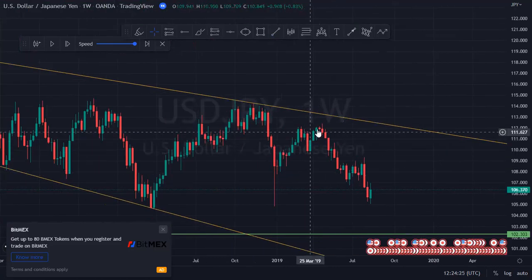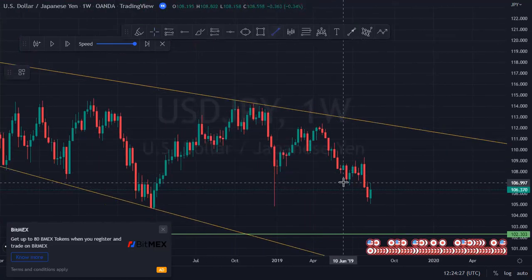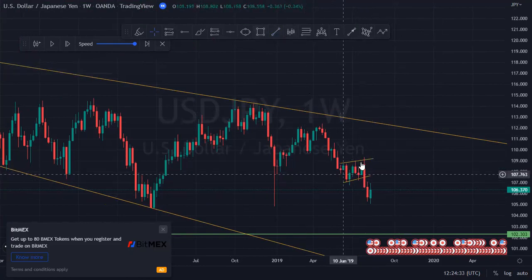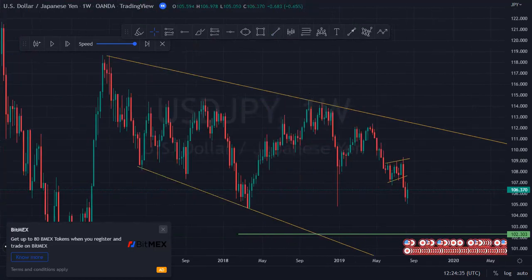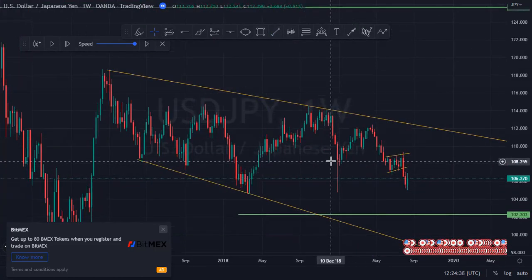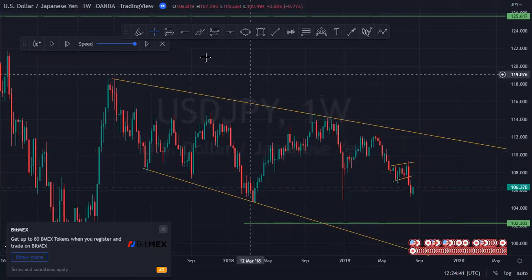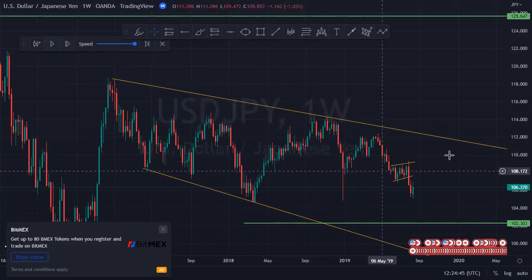Now you see something like this pattern here. Then you realize that this is a bearish flag, which indicates a continuation to the downside, right? And we also have this rising wedge here. But then let's just play the market and see how the market will actually respect this trend line.